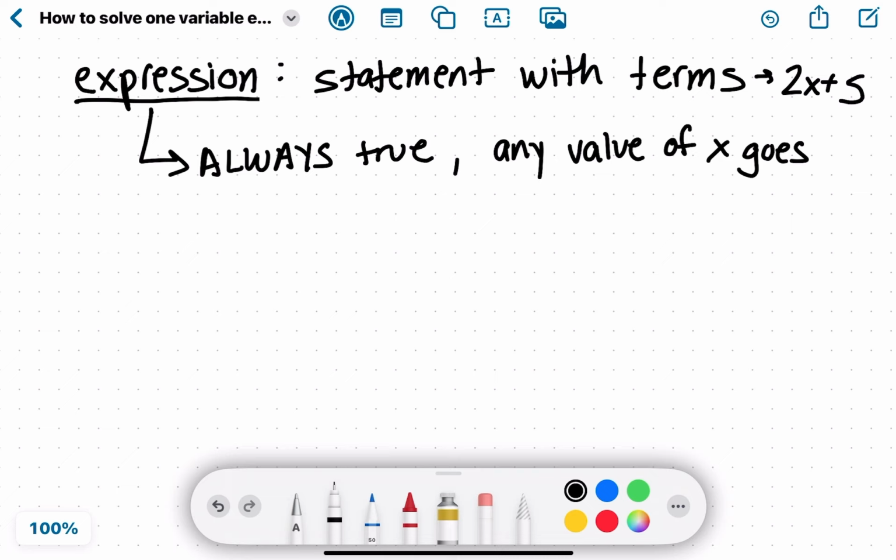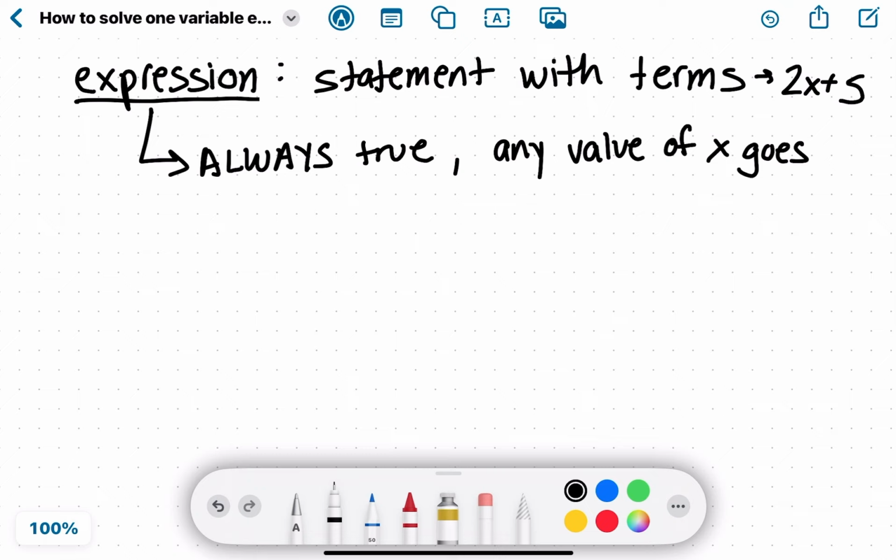Whatever value of x you put in, you're always going to get a result from it, unless you get something that's undefined because there is a 0 in the denominator of a fraction. But those are rare cases.